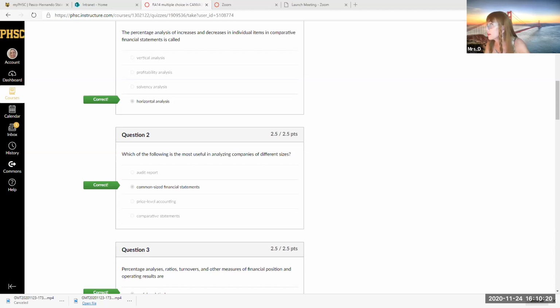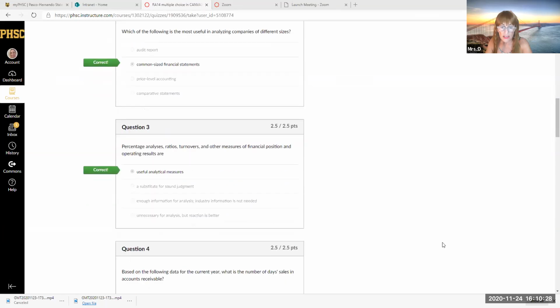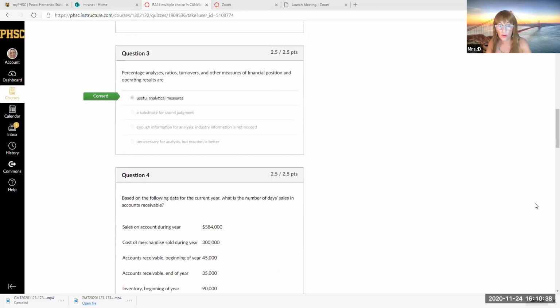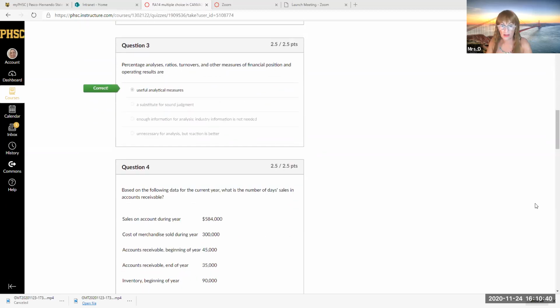So here's the next one. Cayman was good enough to put it on there for me. So here we go. Let me just go up there a little bit. So based on the following data, what is the number of days sale in accounts receivable? So we actually did this problem. Here's all the information.